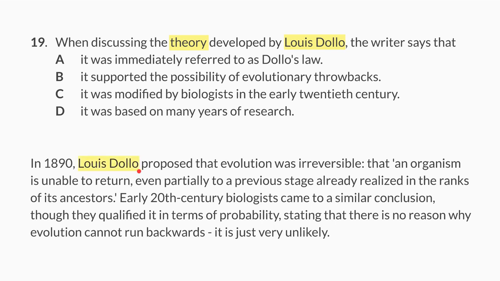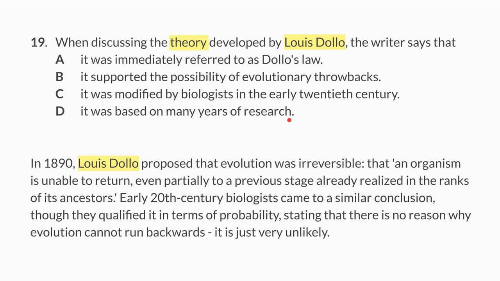Now that I have found my keyword in the question, it makes sense to start looking at these other keywords, because I'm going to go back to my answer choices and read some of them. Here I have something about Dollo's law, here something about evolution, here something about biology and 20th century, and here something about research.